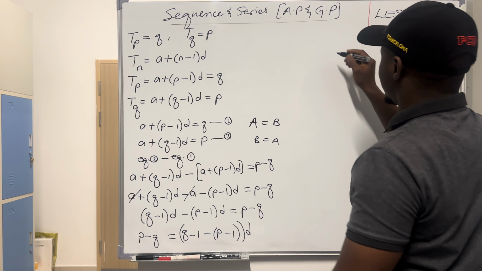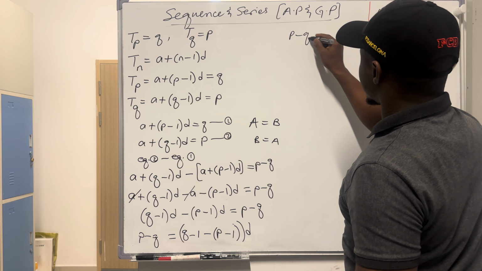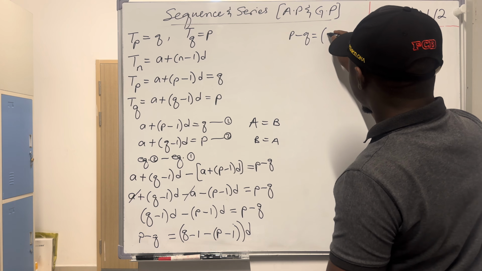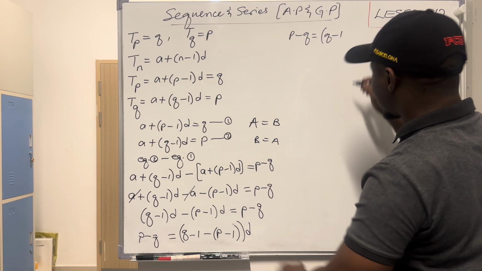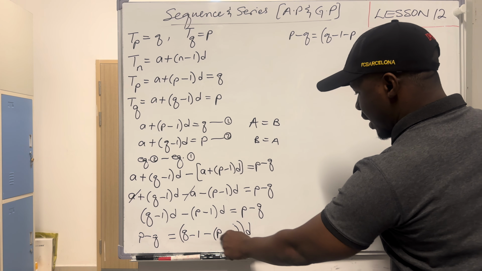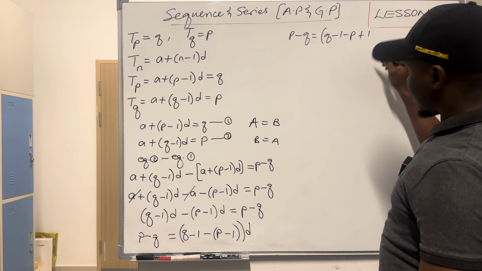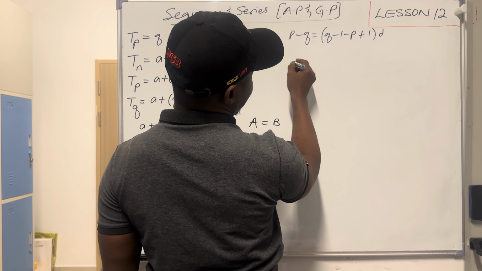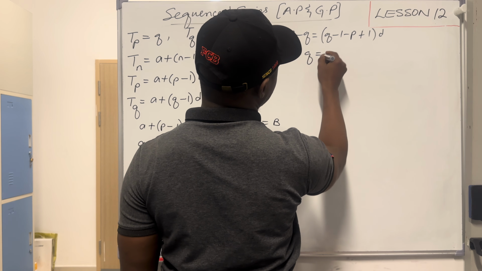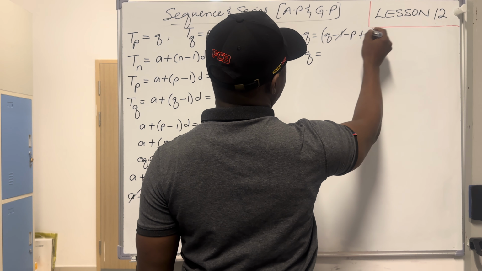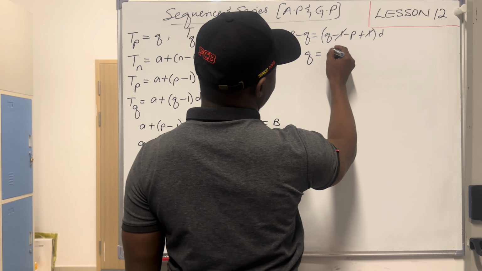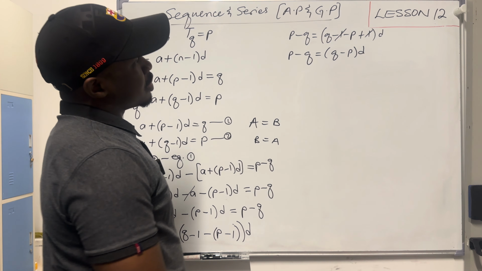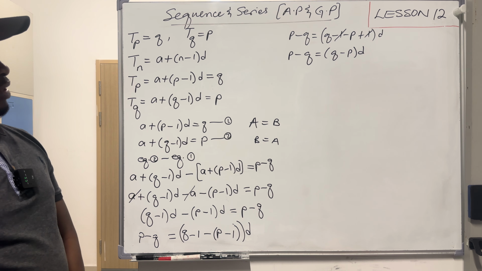So P minus Q equal to, yes, this outside in the bracket, Q minus 1 minus, this interferes, minus P minus times minus plus 1, outside D. So what happens? P minus Q equal to, 1 minus 1 plus 1 go away. So we have Q minus P times D. Do you see that?